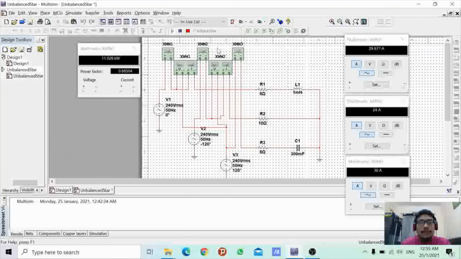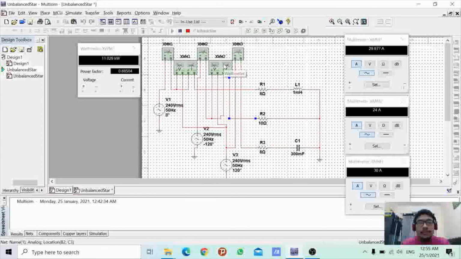For the second wattmeter, the voltage is connected to line Y, and the second connection is to line B, and then the current is connected to line Y here.